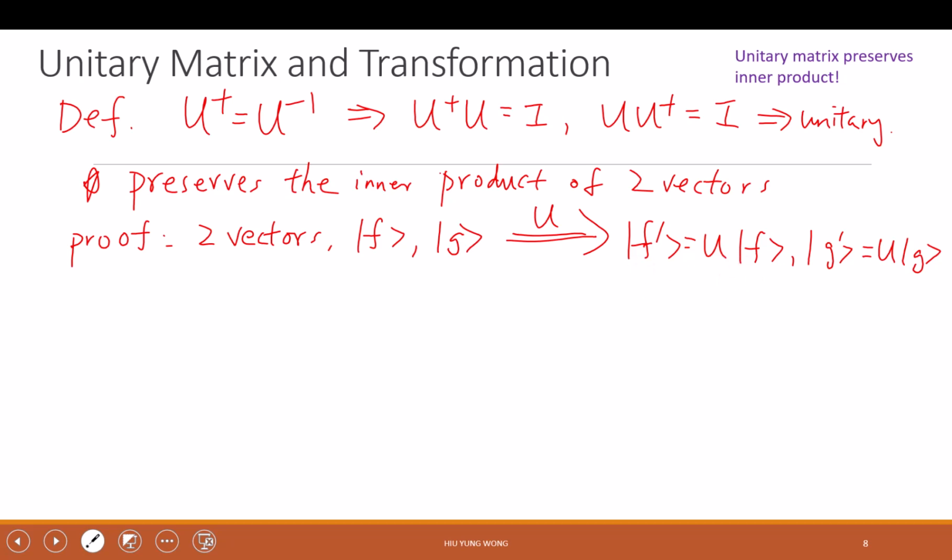So I was standing here, a vector, now you rotate me by 90 degrees, I become someone lying on the floor. That is, let's say, a unitary transformation, right? So you were standing, I was lying on the floor, we do a rotation of 90 degrees. Now I lie on the floor, you are standing up. The angle between us is still 90 degrees.